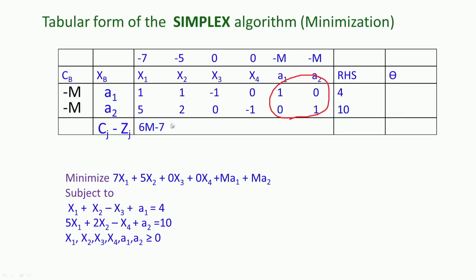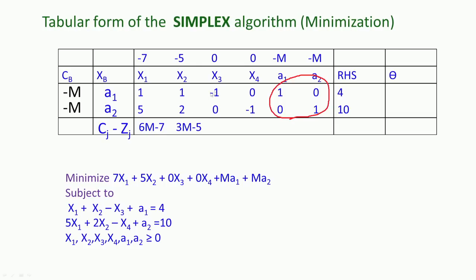So I am writing it as 6m minus 7. If m is 100, then this will become 593. But I am not writing an explicit number, I am still writing big M as a notation to represent a large number. Now C2 minus Z2 is minus m into 1 plus minus m into 2 is minus 3m. So minus 5 minus minus 3m is 3m minus 5.